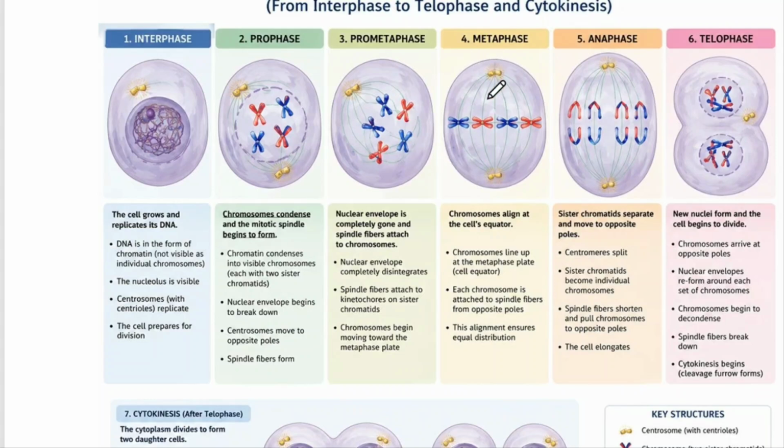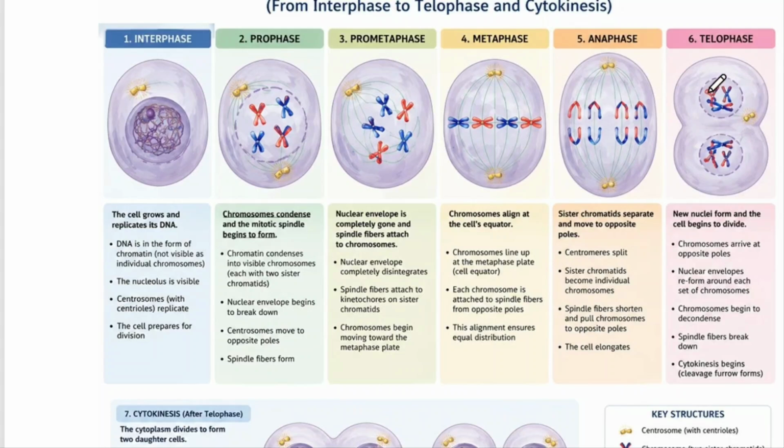In metaphase, all chromosomes line up along the metaphase plate, which is the middle of the cell. Each chromosome is attached to spindle fibers from opposite poles, ensuring that each daughter cell will receive an identical set of chromosomes.